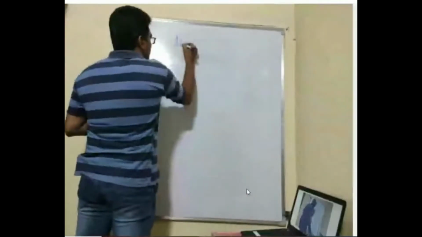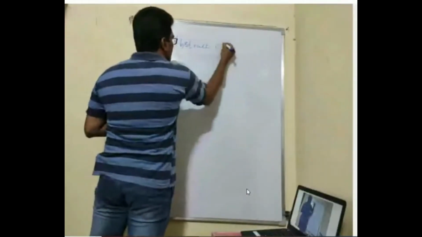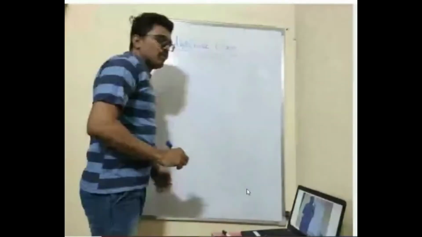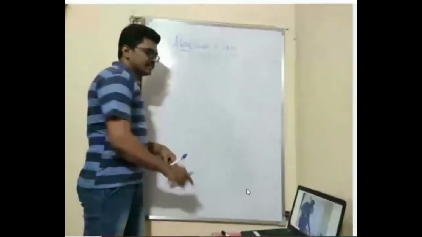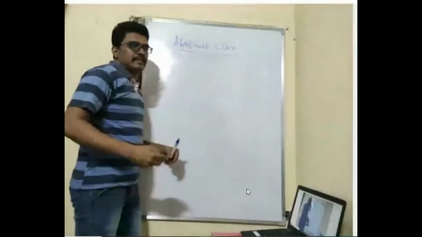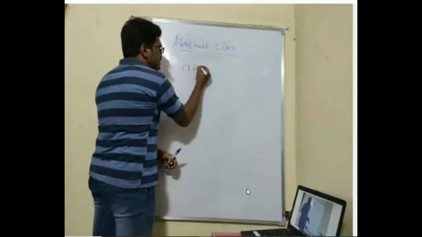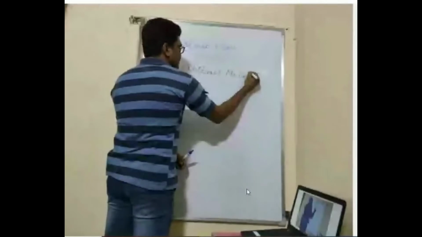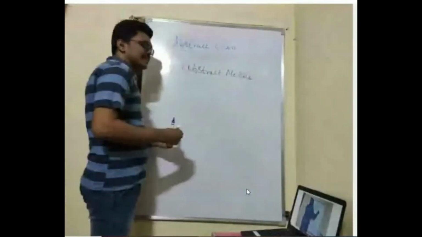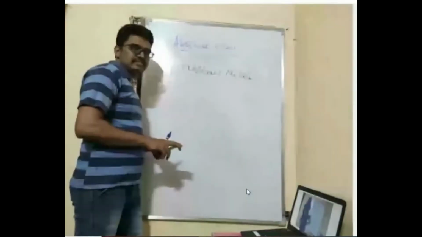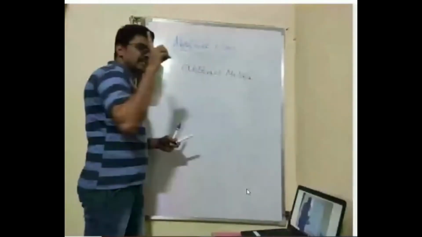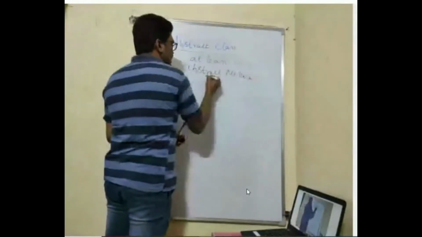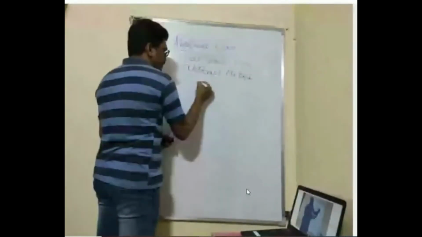Abstract class. What is an abstract class? A class that contains an abstract method is called an abstract class. A class that contains at least one abstract method must be made as an abstract class.